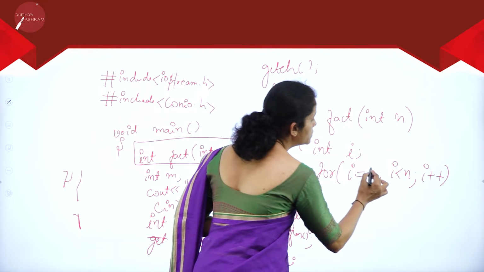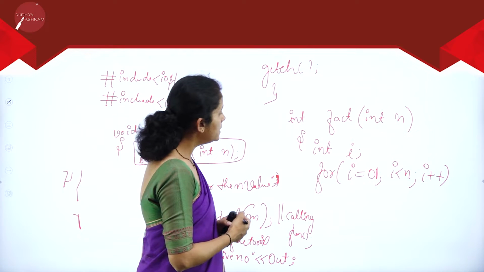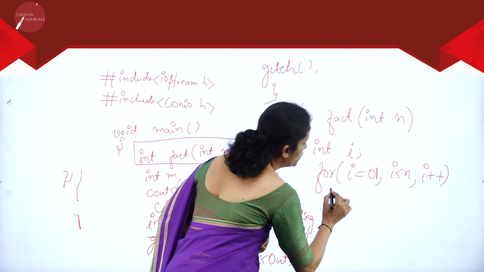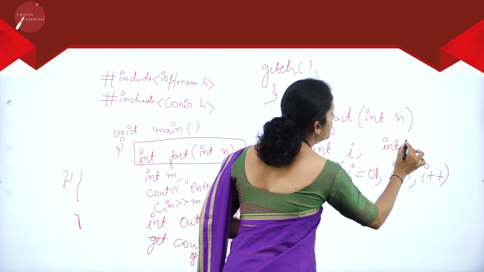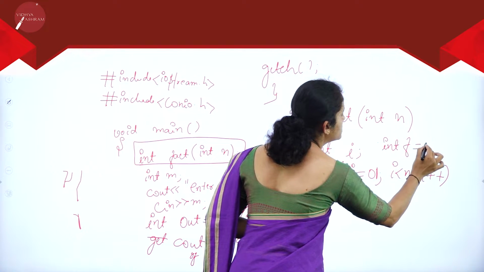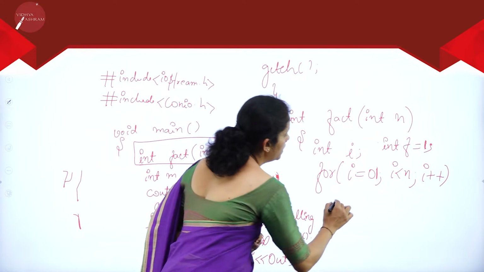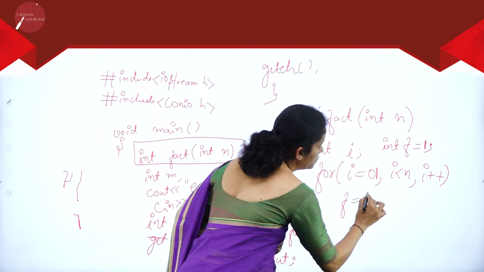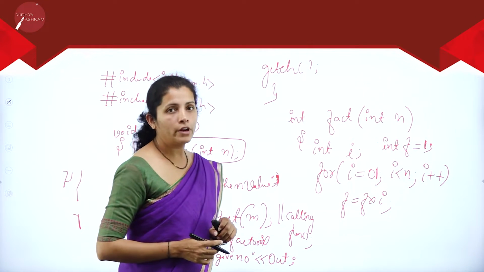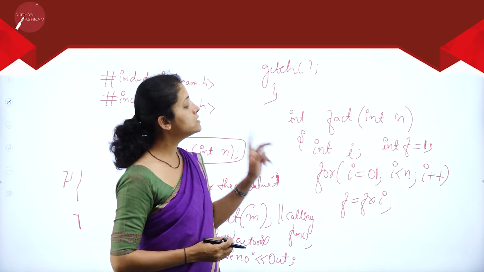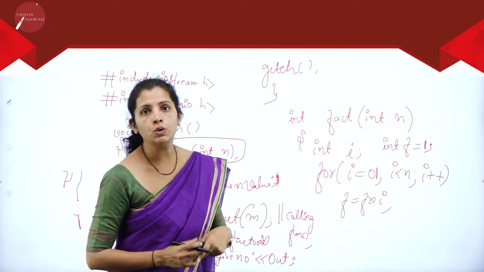So instead of 0, what will I do? I'll write 1. Now I'm going to take one more variable called f, and I'm going to assign the value 1. Now I'm going to find the factorial of a given number. For example, if my n is 3, this for loop is going to execute 3 times.